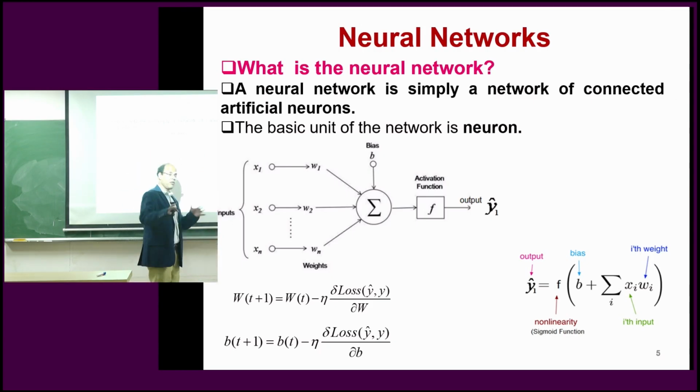In simple words, what you are doing is normalizing. Whatever the input is, you apply sigma, any activation, and you get different values. This value is basically the output of a neuron.